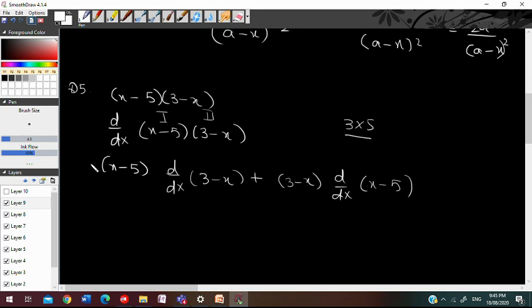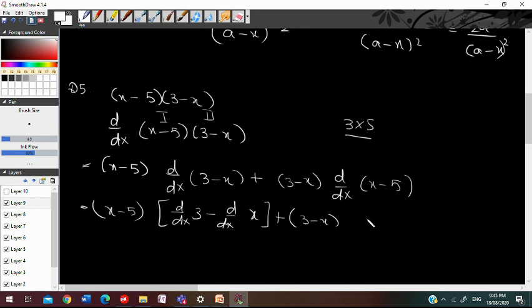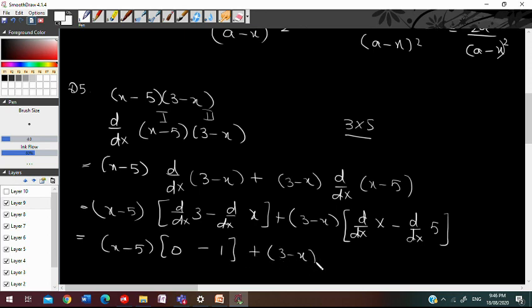Okay. Now when you apply the derivative inside this factor, here you have two terms. I have told you, you apply the derivative on both terms separately. So d by dx of x, and minus d by dx of this 5. Then (x - 5), and this is the derivative of a constant function. So here we have 0 minus 1 plus (3 - x), and again here we have the dependent and independent variable, both are the same.